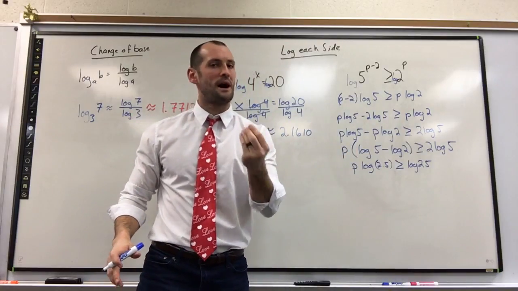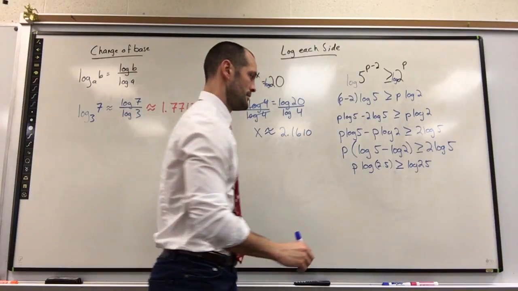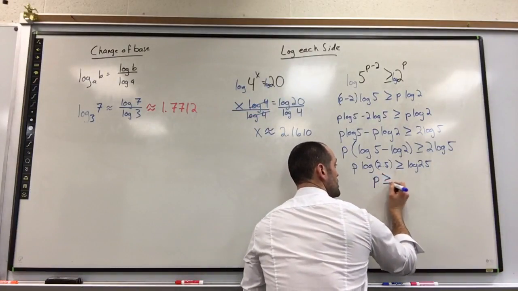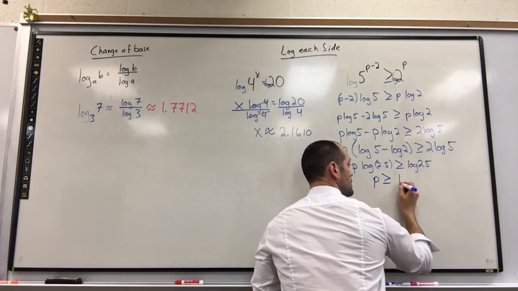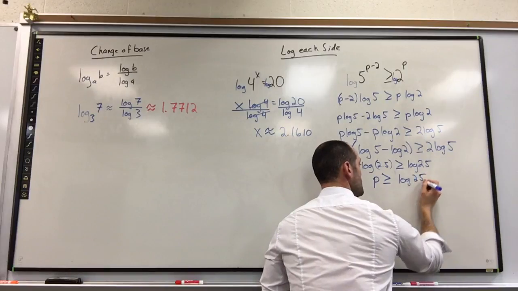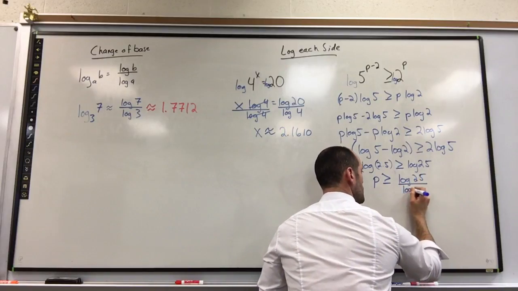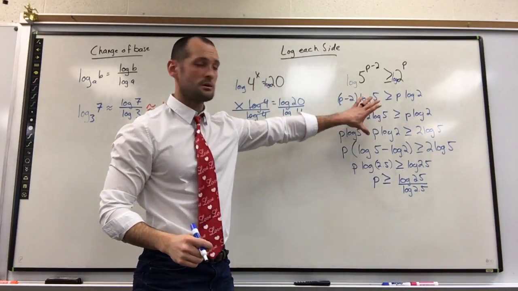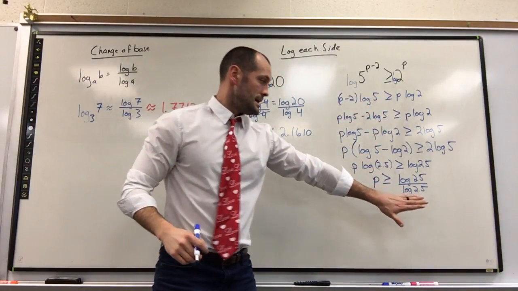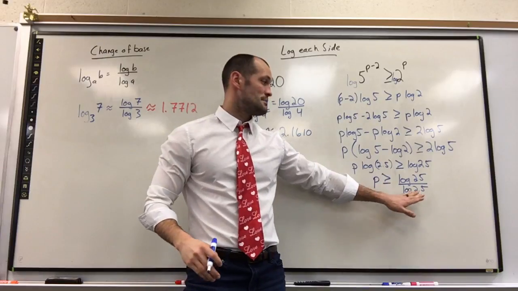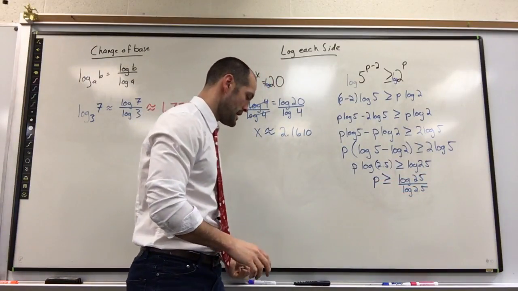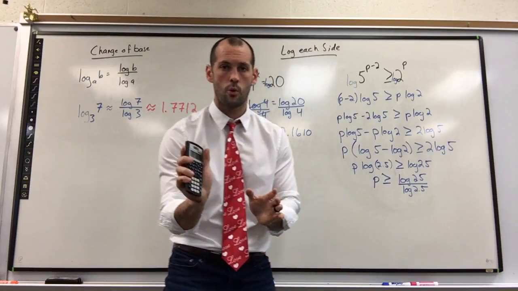Here's why I'm doing this. I'm about to do my first calculation, and my only one. P is greater than or equal to log 25 over log 2.5. You see how I was able to use all my properties so I only have to do a calculation once, and it's a much more basic calculation. Calculator time and I'm done. Here we go.